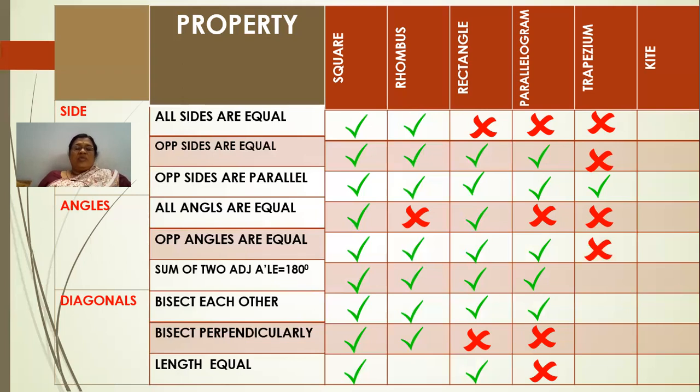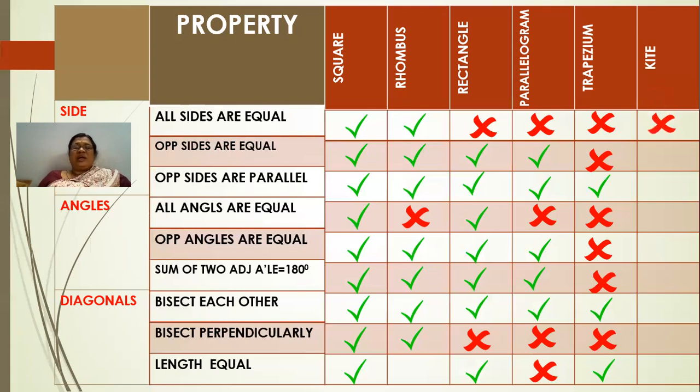No. When you add the adjacent angles, is the sum equal to 180 degrees? No. Do the diagonals bisect each other in a trapezium? Yes. If it is a regular trapezium and the length of the legs is equal, then you can say the diagonals will bisect each other. Do the diagonals bisect each other perpendicularly? No. Are the lengths equal? Yes. If it is a regular trapezium, you can say the lengths will be equal.